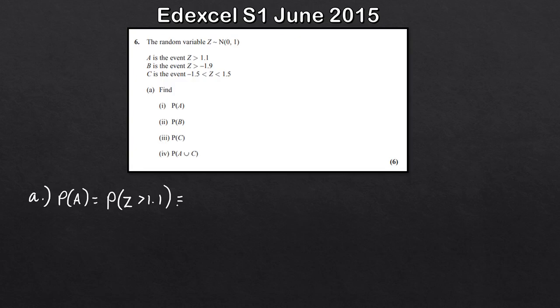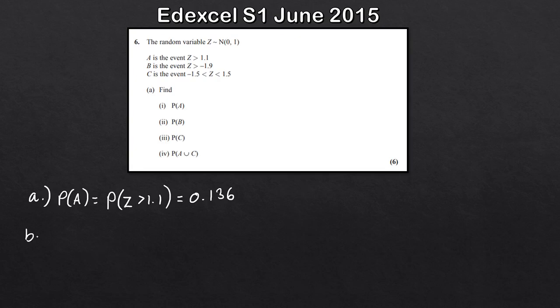My lower here will be 1.1, because this is greater than 1.1. So we put that into the lower. The upper will be a large value, lots of 9s. And then for the mean and standard deviation, the standard deviation is just simply 1 and the mean is 0. What you should get here is 0.136, to 3 significant figures. Okay, so that's our part A.